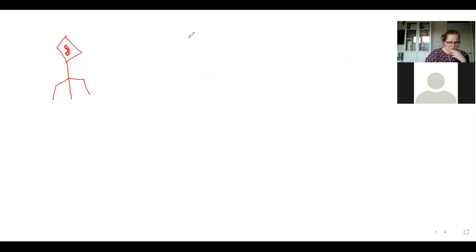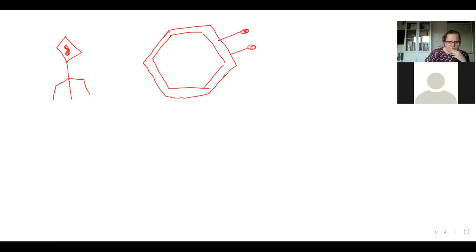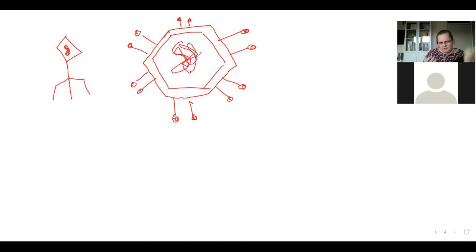You can have other ones that look a bit more like this, and I'm going to try and draw it badly. And then again, inside it, you've got your DNA, or RNA, sorry. It depends.